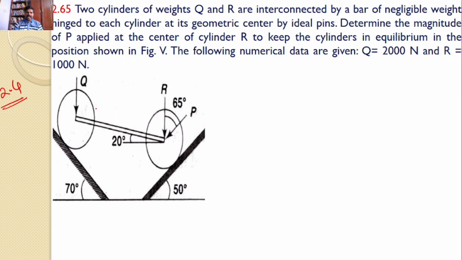For that, we will analyze the cylinder Q first and then the cylinder R. First, let us consider the various forces acting on the cylinder Q. The first force is the self-weight Q. Next one is the tensile force in the bar and the reaction from the trough. Let us transfer all the forces onto a separate xy plane for easy analysis.